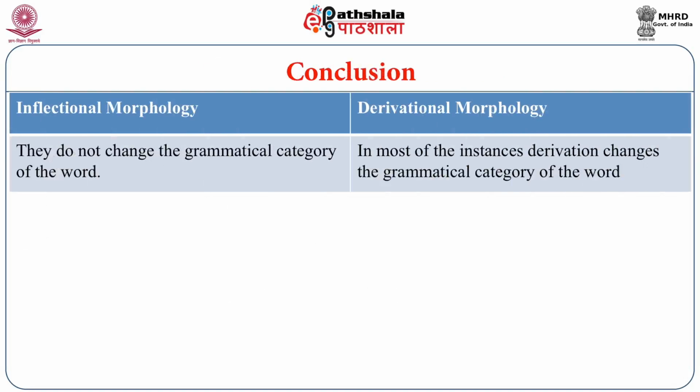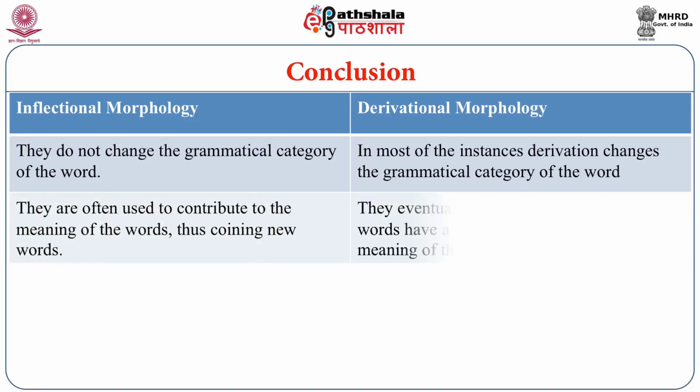To conclude, we can compare inflectional morphology and derivational morphology. On your screen you can see that inflectional morphology does not change the grammatical category of the word, while derivational morphology, in most instances, changes the grammatical category of the word.